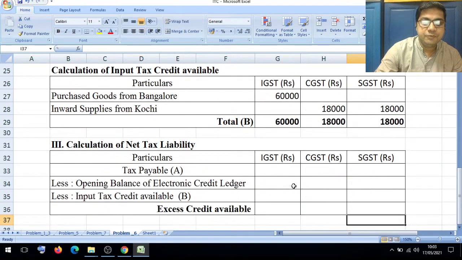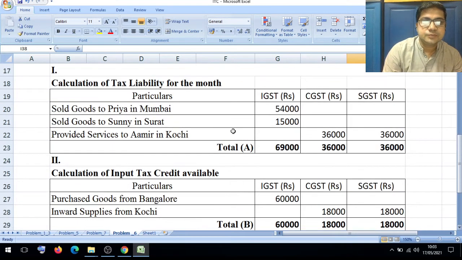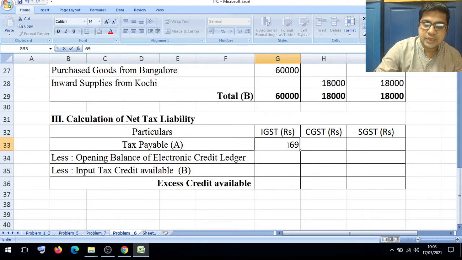Now we have to prepare this particular statement, the calculation of net tax liability. Tax payable A. A means tax liability for the month of August: 15,000, 36,000, 36,000.